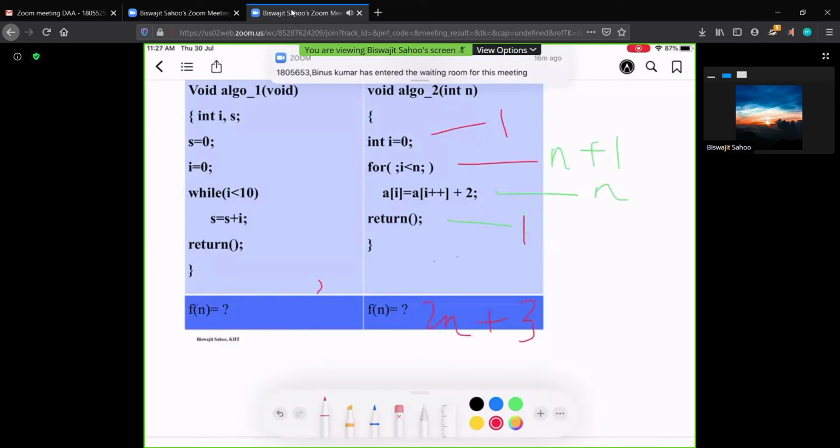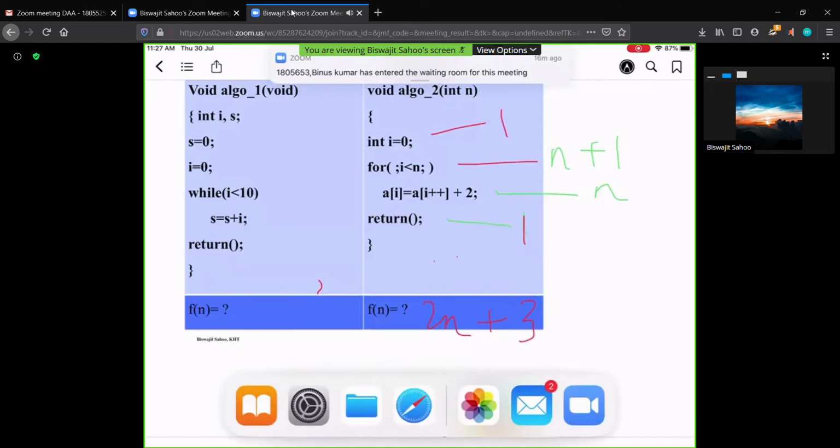So given an algorithm, it is very simple. We get to know the execution time, or sorry, the frequency count of these algorithms. Let me check just once whether anybody is waiting.